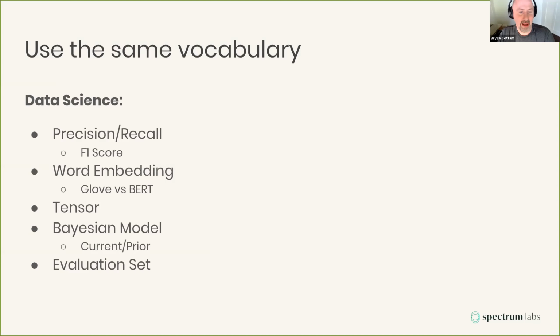John, you may have a better definition for any of the terms that are on here, but the idea that I had in this slide was that there are certain terms that data scientists use rather casually because they're smart and they understand the math behind a lot of things.